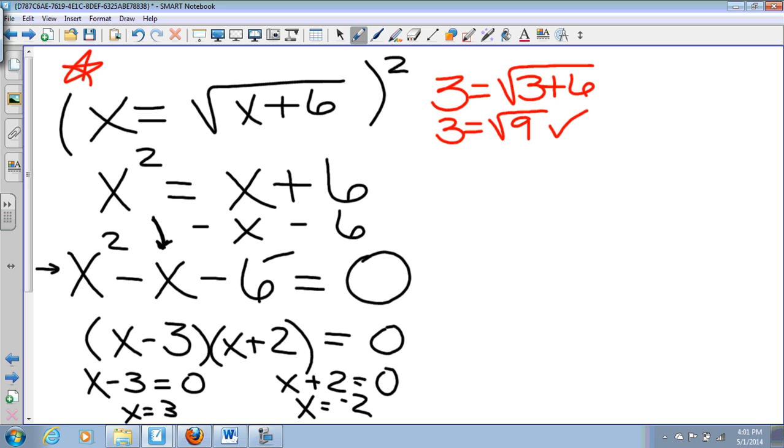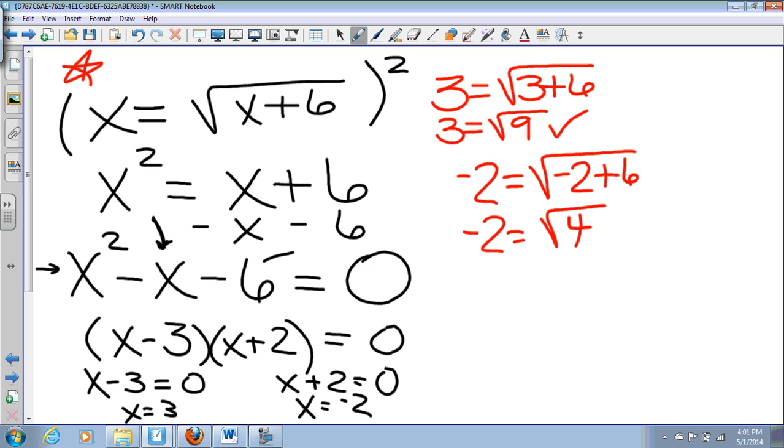Then we try the other one. Negative 2 equals the square root of negative 2 plus 6. Negative 2 equals the square root of 4. That is not true. So we have an extraneous solution of negative 2, but we do have a solution of 3. This one does not work, making it extraneous.